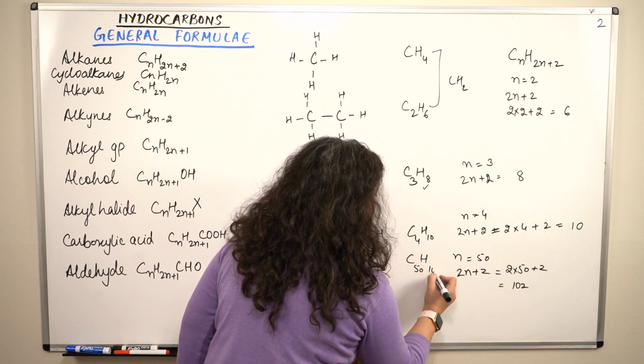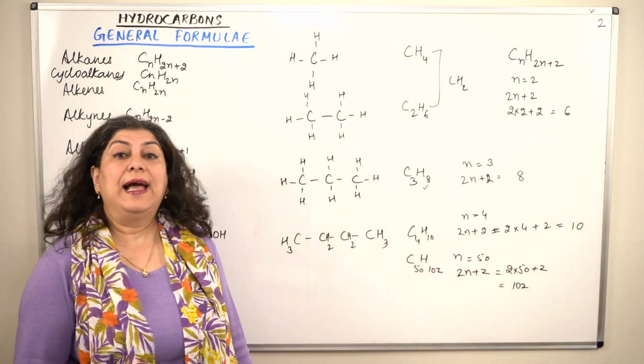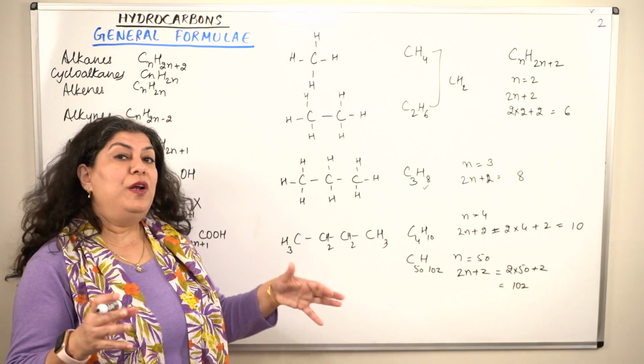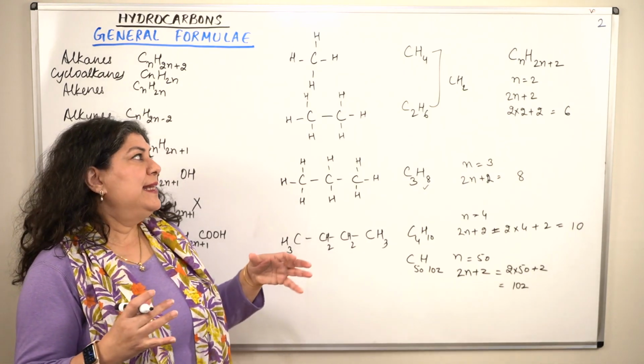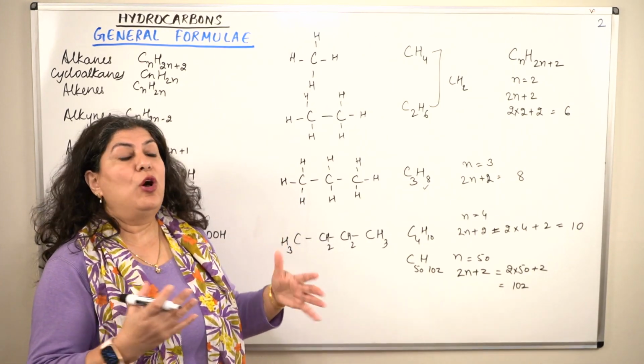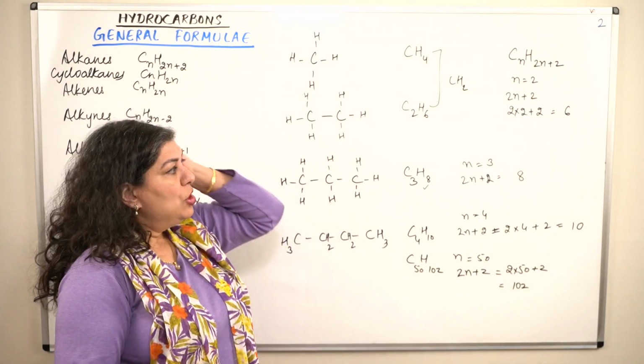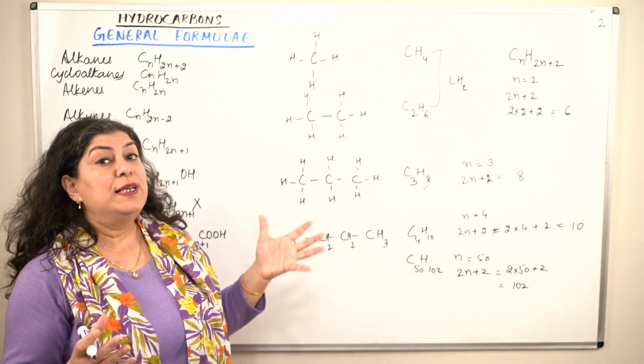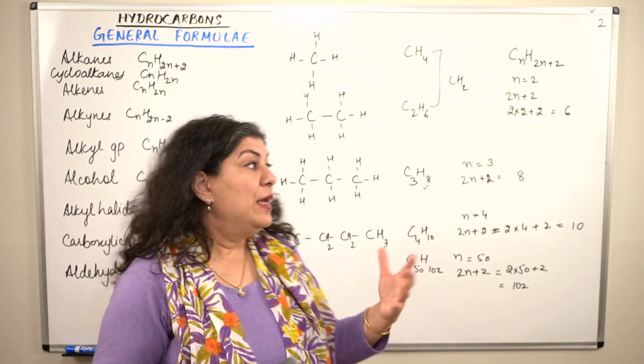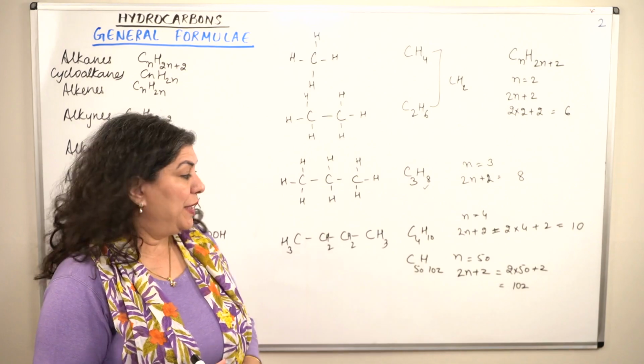So you'll have 102 hydrogens in this alkane. That is why general formulae are important, because they give away the formula of any compound in that series. So that was why a general formula is so important and why we learn it in organic chemistry.